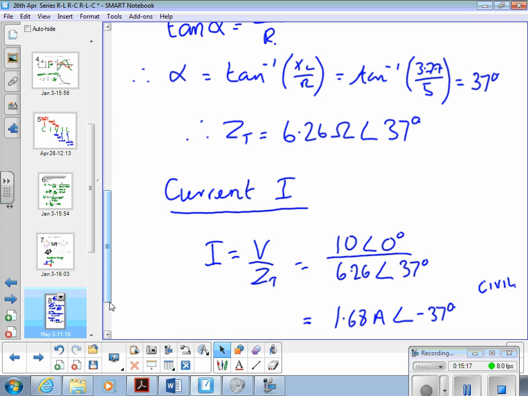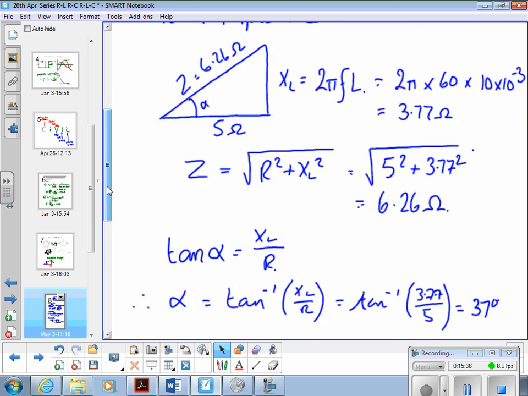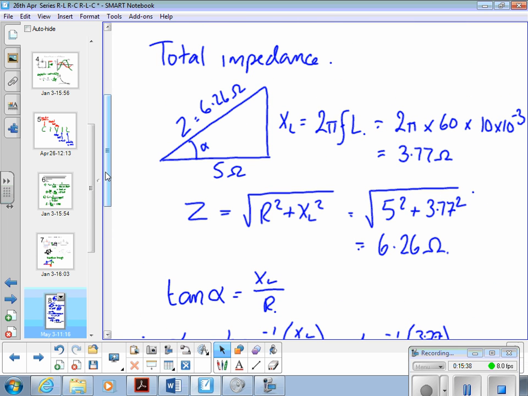So as we increase frequency on an inductor circuit, the inductive reactance gets bigger, the current decreases. Consequently, if I halve the frequency, the inductive reactance would halve. Therefore, that line would be half the length. The angle would decrease. It's the opposite effect.